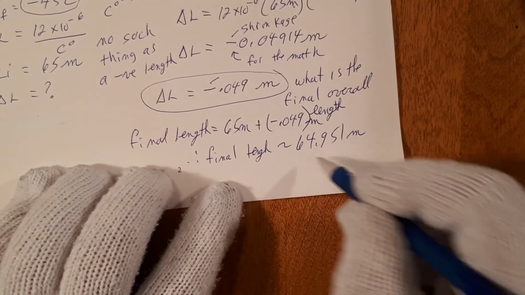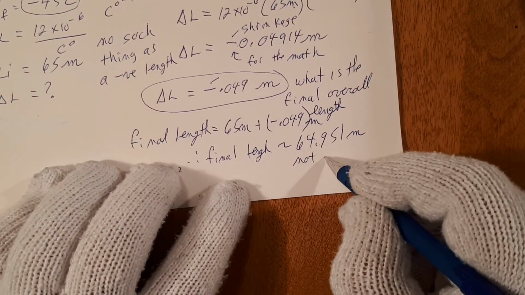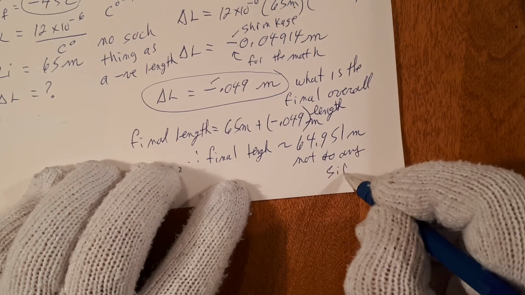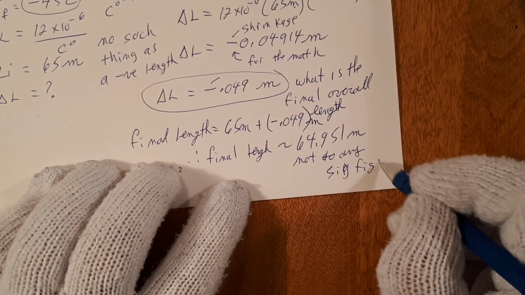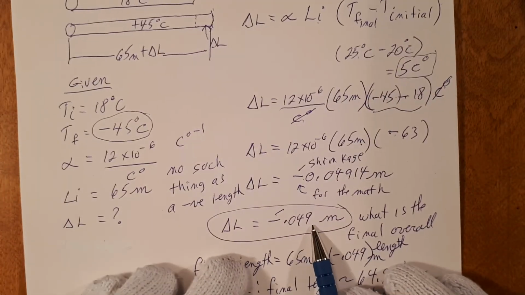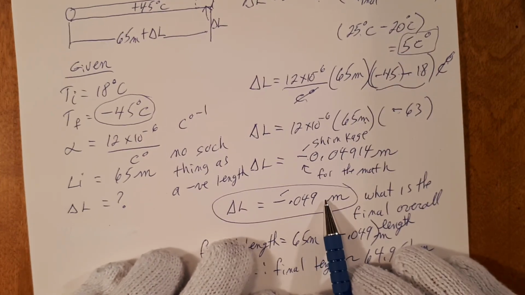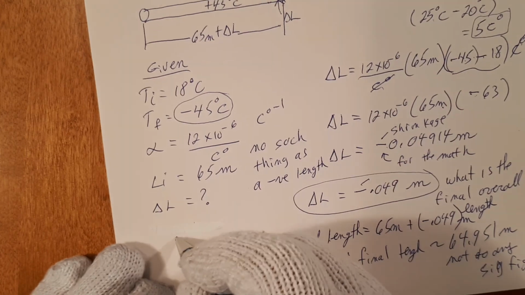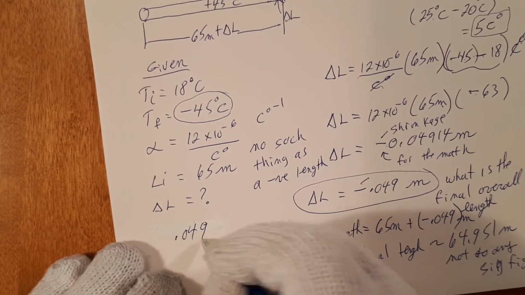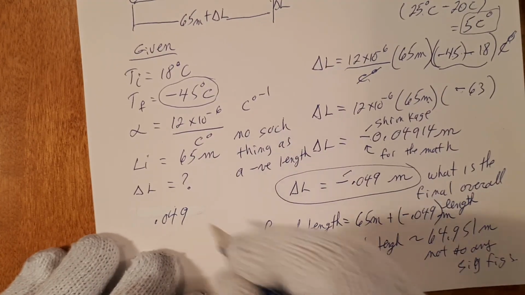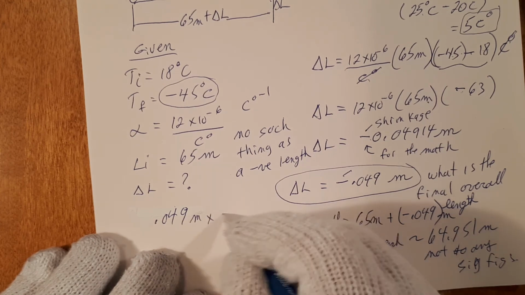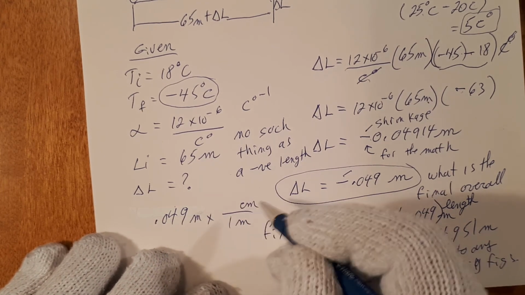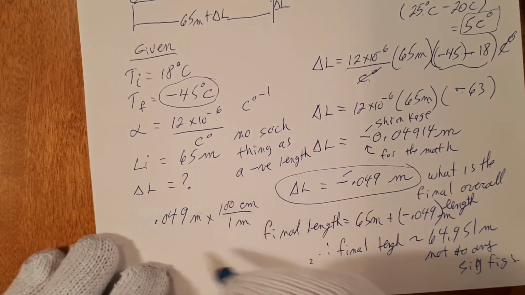And this final answer, well, it's not to any sig figs. Our answer is this one. And what is 0.049 meters? Let's change to something we understand. The shrinkage of 0.049 meters, let's change that to centimeters. 1 meter is 100 centimeters.